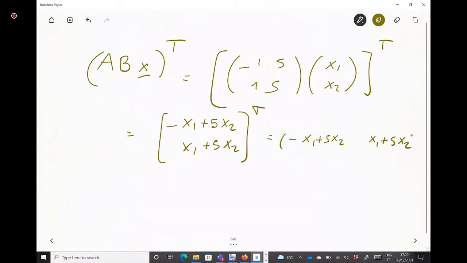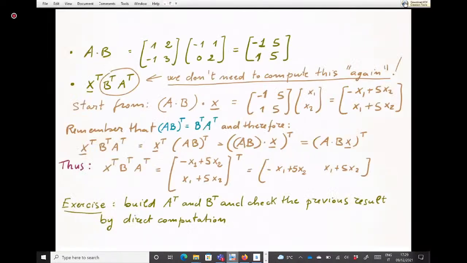A row with two components. So this is the result of our problem. Of course, as an exercise, you can build the transpose of A, the transpose of B, and then try to compute this result directly. Okay?